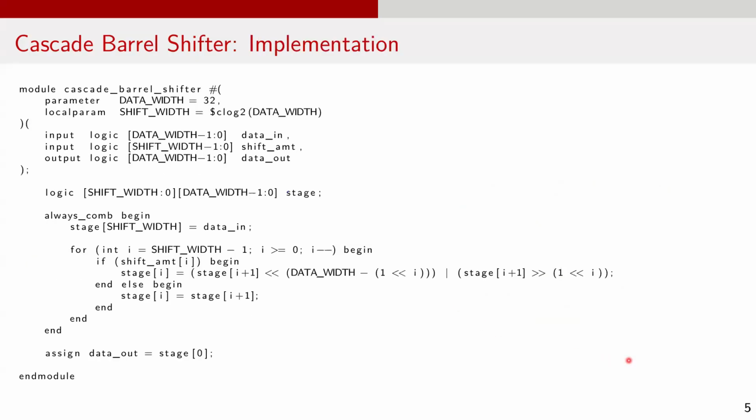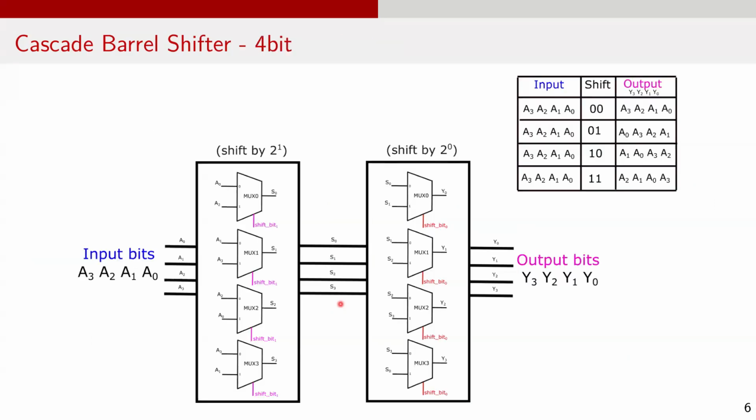After the theory, let's see how we actually describe this in hardware. Here is a generic Verilog code for a cascade barrel shifter. Let's look at an example now. Here is a 4-bit barrel shifter that performs a circular right shift, also known as rotate right operation.